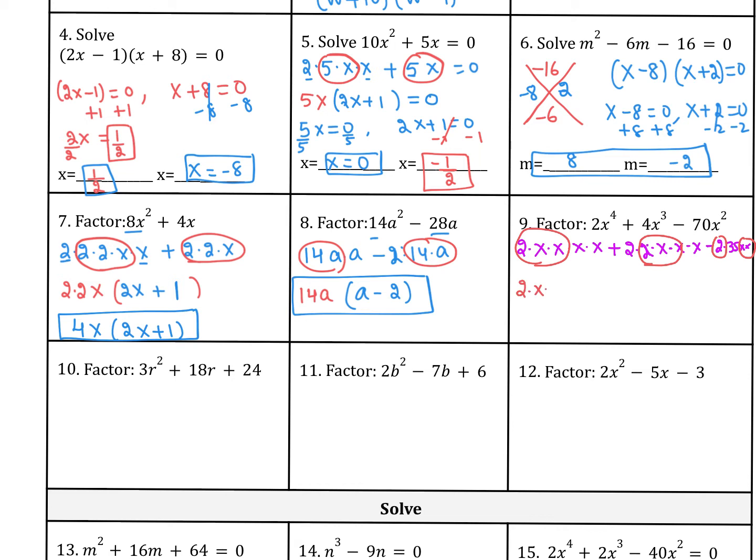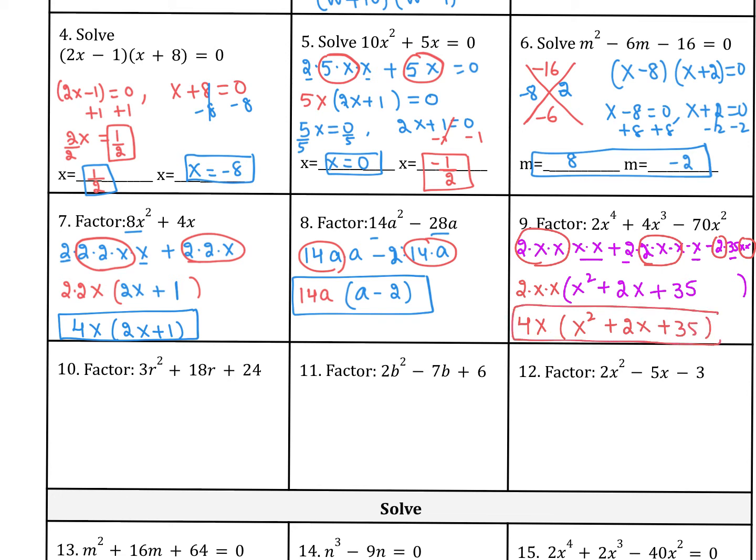So 2 times x times x is common. What is left inside is x squared. Here you are left with 2x, and here you are left with 35. So the answer should be 4x times x squared plus 2x plus 35.